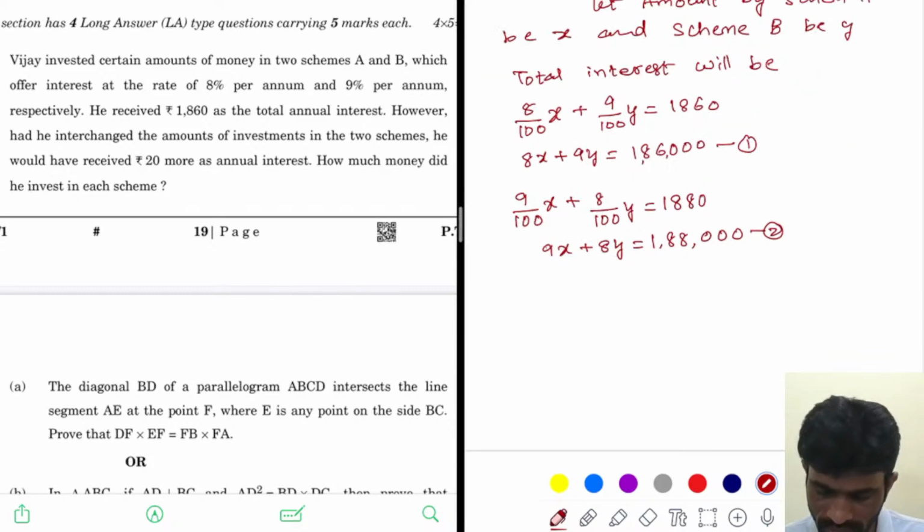So we can add one time and subtract one time to make the equation simple. 8x plus 9x will be 17x, 9y plus 8y is 17y, is equal to 1 lakh 86,000 plus 1 lakh 88,000, which will be 3 lakh 74,000.